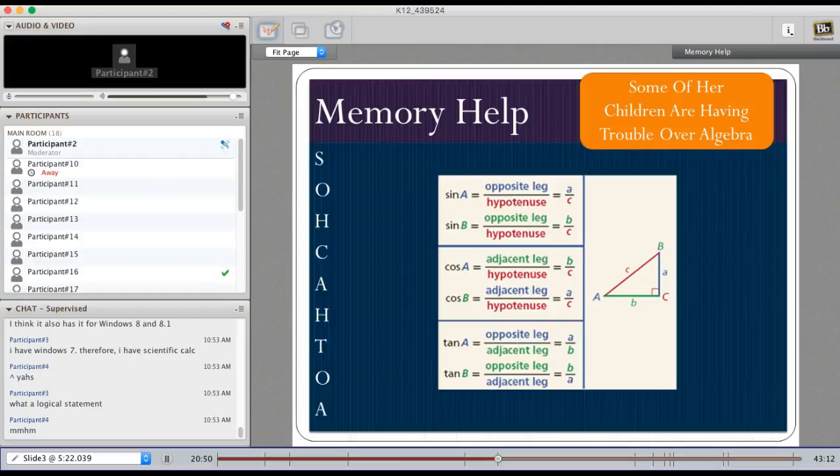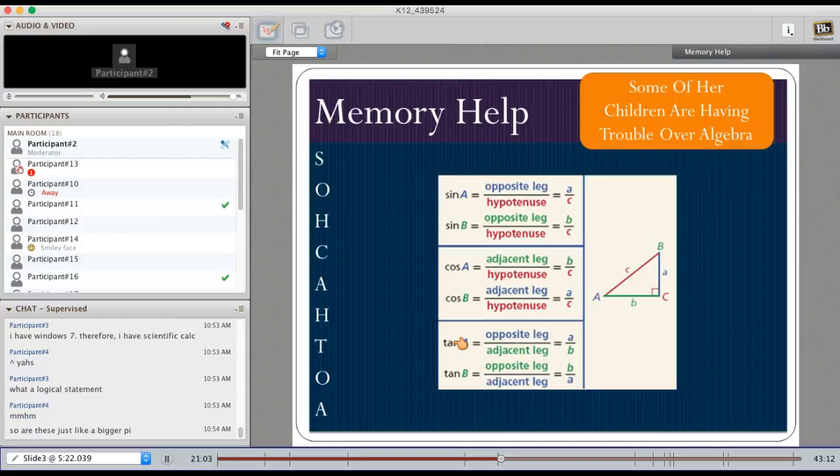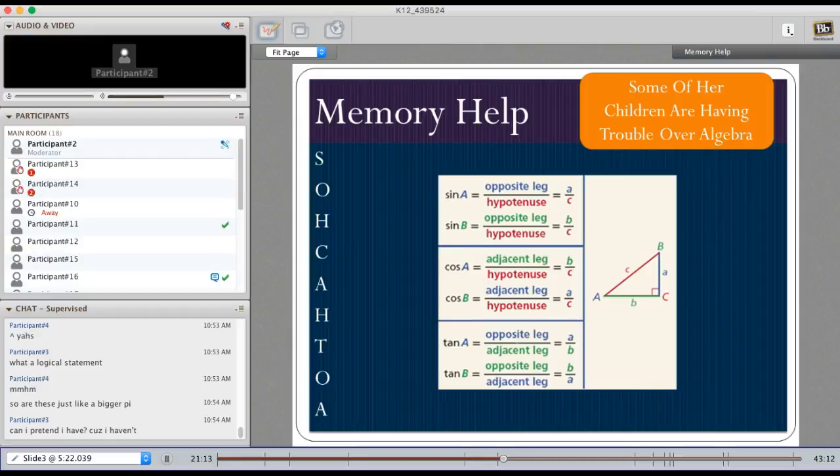All right, so raise your hand if you've heard of SOHCAHTOA, or sine, cosine, and tangent. Have you covered this before? I'm not asking if you remember how to do it. I'm just asking, does it sound familiar? Nora's the only one? Okay, that's okay. Tabitha has.